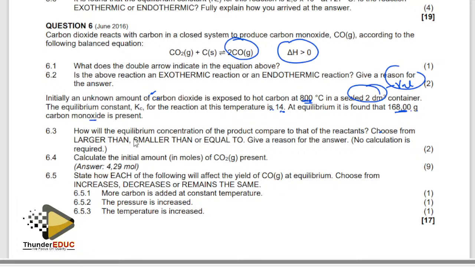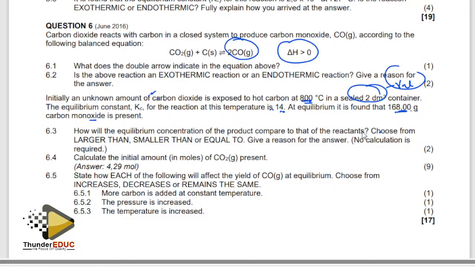How will the equilibrium concentration of product compare to that of reactant?